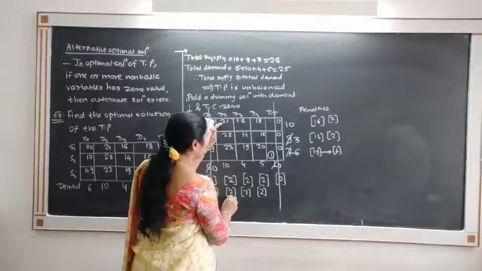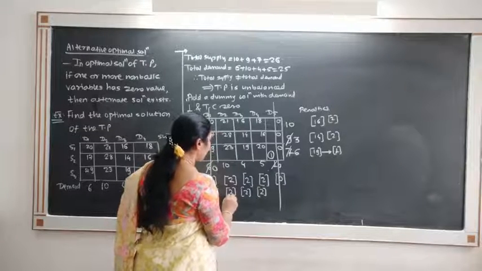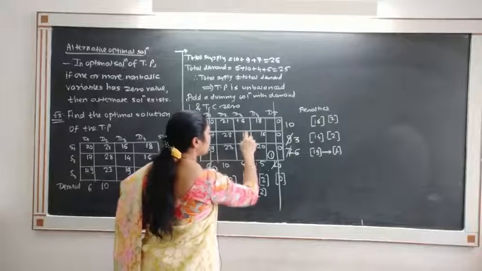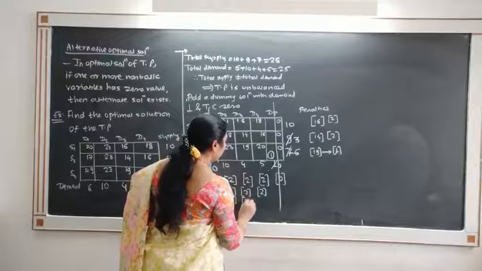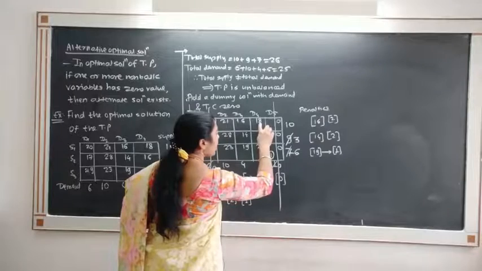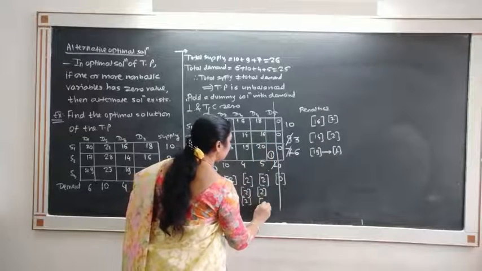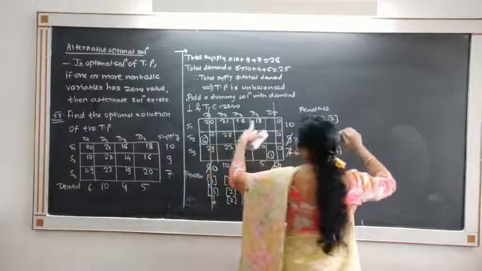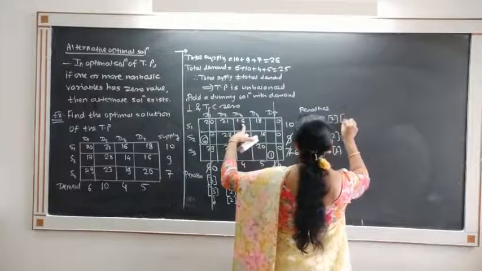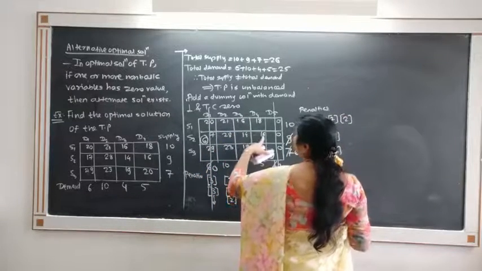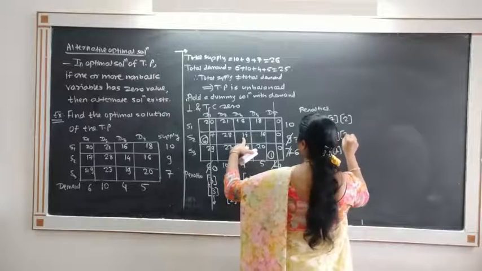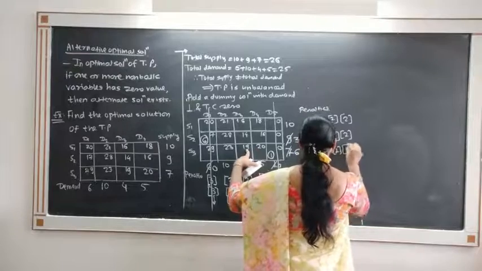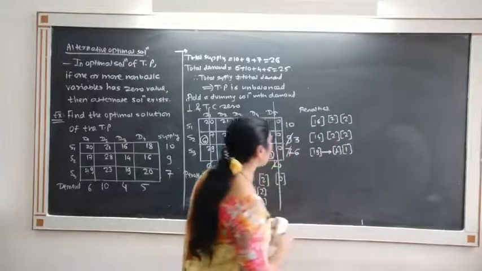Now again penalties. 23 minus 21, that is 2. 16 minus 14, that is 2. 18 minus 16, 2. 18 minus 16, 2. 16 minus 14, 2. And 20 minus 19, 1. Maximum is 2.